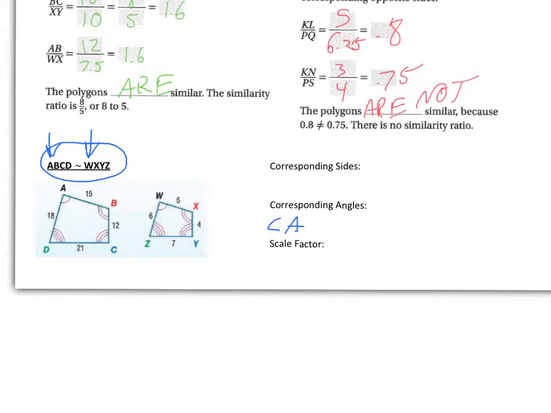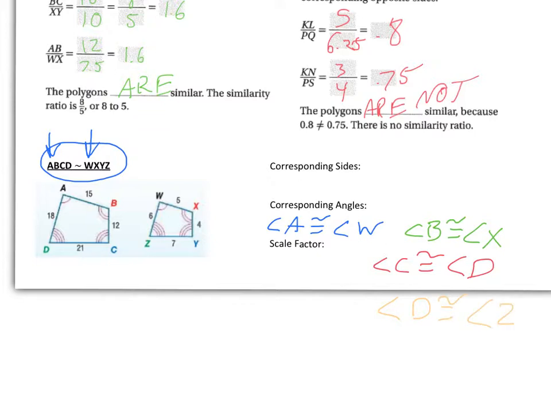So angle A is congruent to angle W. Also, angle B is congruent to angle X. So I could look at the picture, I could do this without the picture. Angle C is congruent to angle Y. And the last one, angle D is congruent to angle Z. And that one I did earlier should not have been D, it should have been Y.